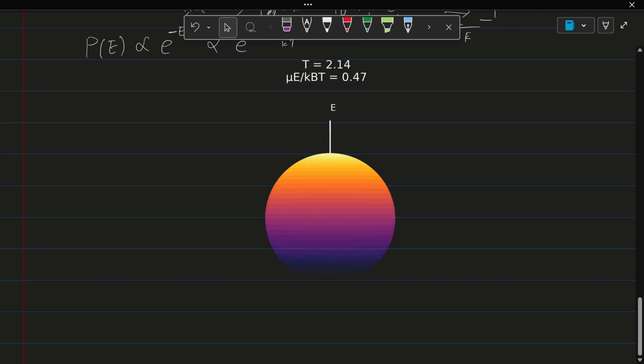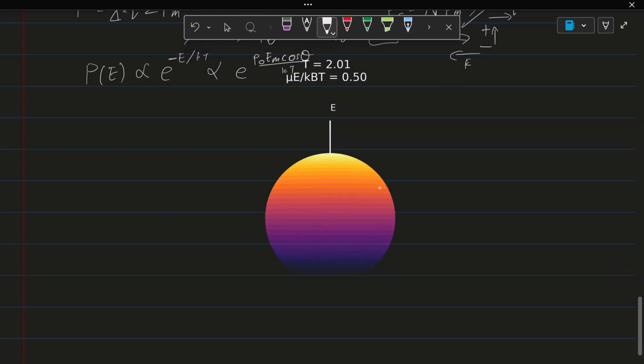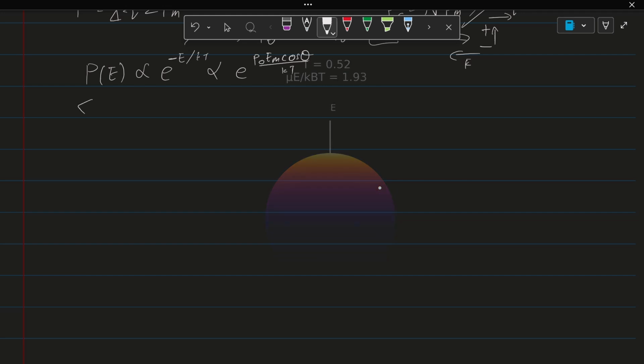So we should try to figure out what the average is. Obviously we don't really care much about the particular direction of each molecule. We care about the average.